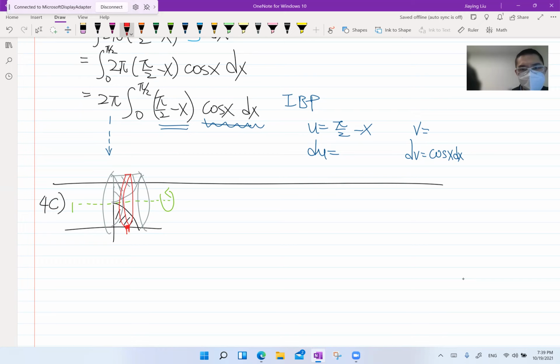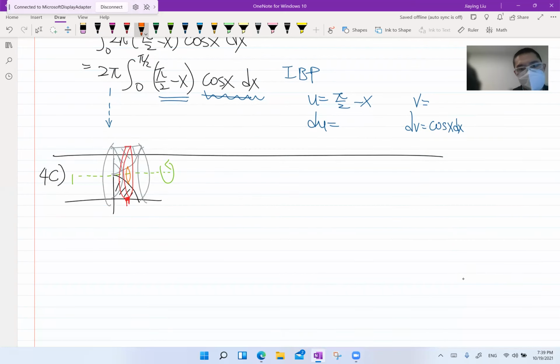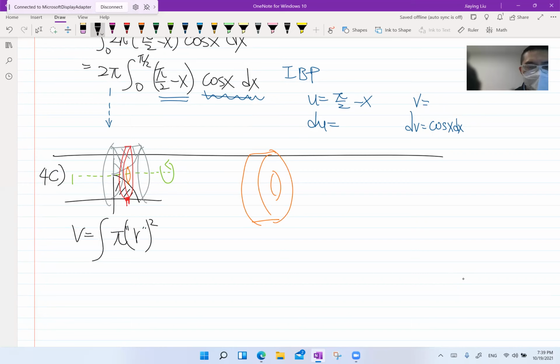It's good to have something with x. So that's a washer in the middle. I'm just going to make it a little bit thicker. A washer method is basically a disk method, where volume equals pi times the radius squared times the thickness.